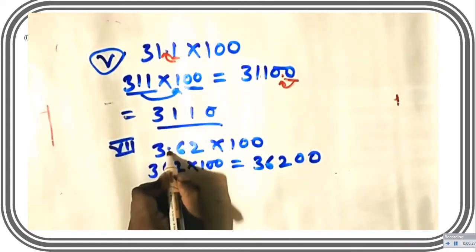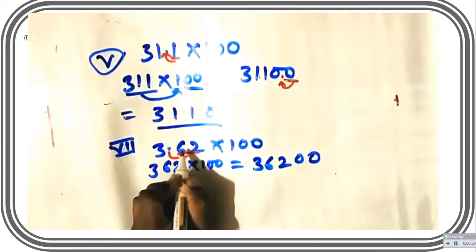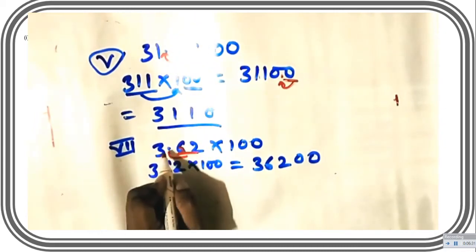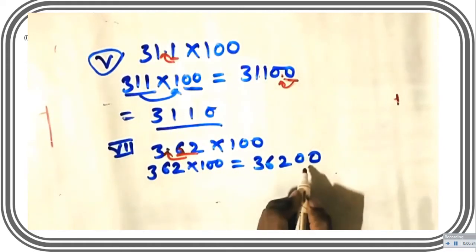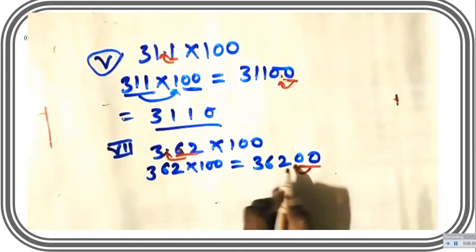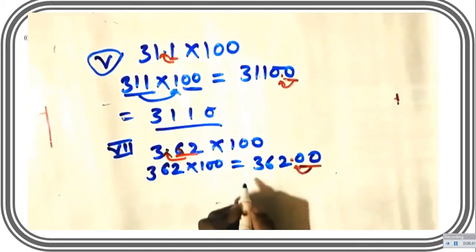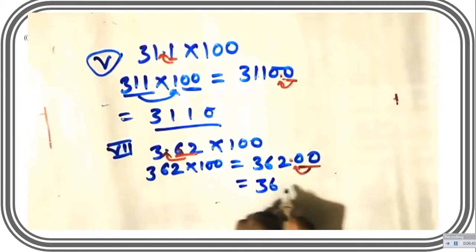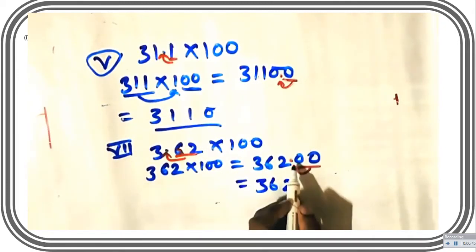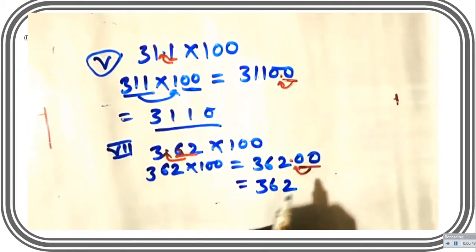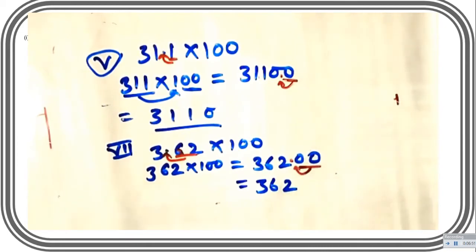Check how many numbers are there after the decimal. We have two numbers after the decimal point, yes or no? So count two numbers from the last and insert the decimal. Clear? So what will be your answer? 3, 6, 2 only. Why? After the decimal point there are zeros, so we will not write them because there is no value of 0 after the decimal point. So the answer is only 362. Then afterward I am going to take the ninth part.